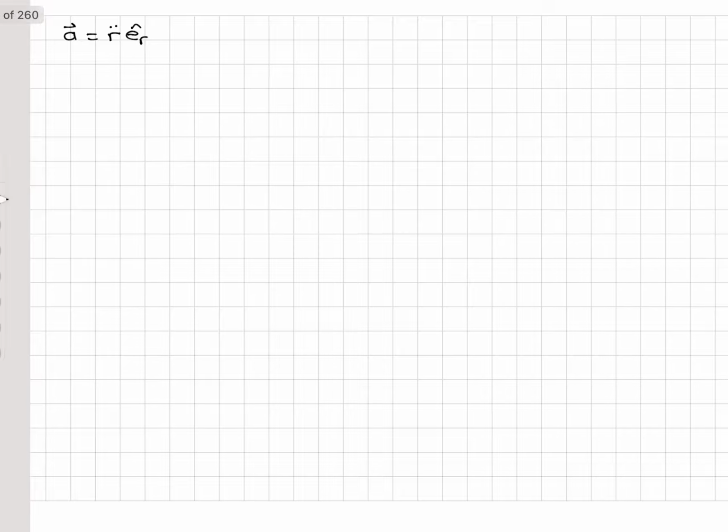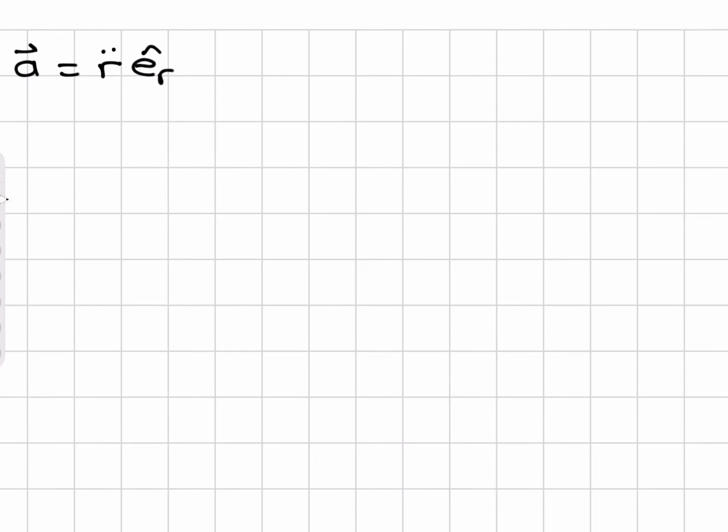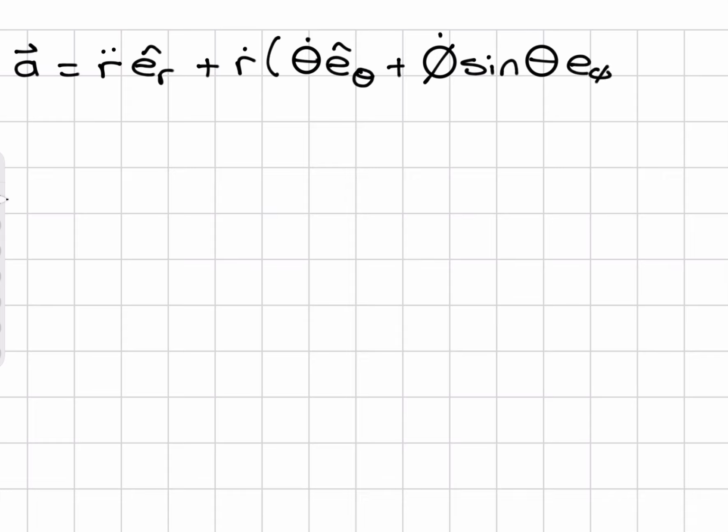So the next term I have plus r dot parentheses theta dot e theta hat plus phi dot sine theta e phi hat. That's in r dot parentheses.